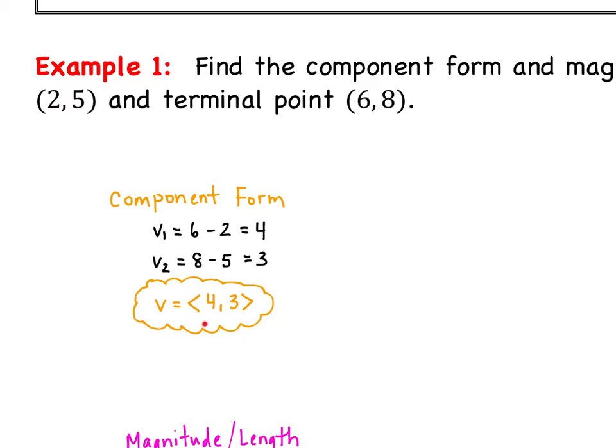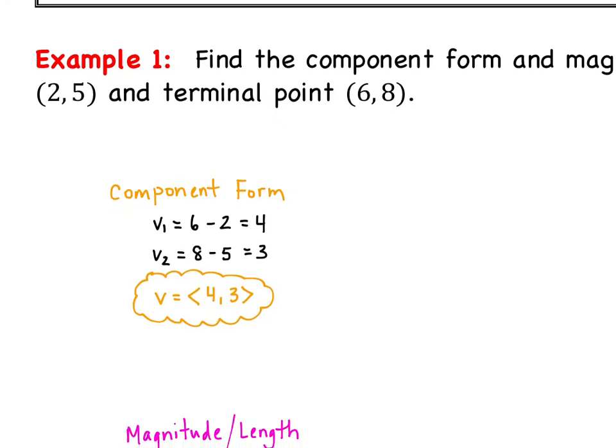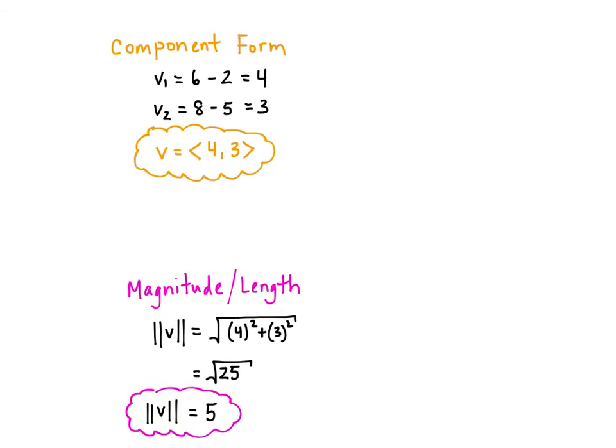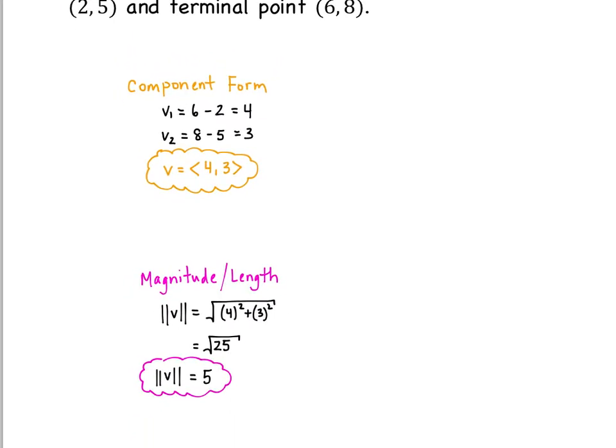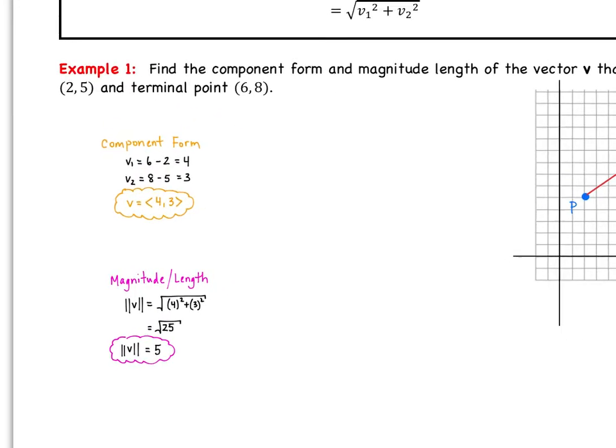So the way we notate this vector is with the components of 4, 3. The magnitude, since we already found what V1 and V2 are, is again simply that distance formula. So the square root of 4 squared plus 3 squared, we get the square root of 25. So we get the magnitude or the length to be 5.